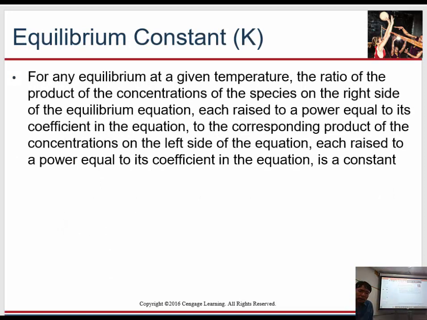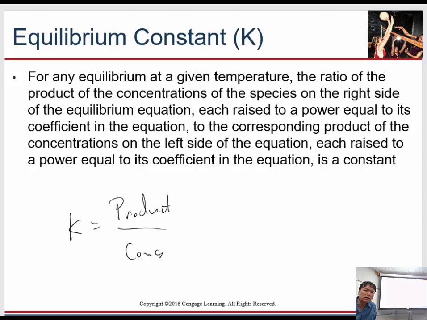Now, the ratio of product to reactant is actually a constant. It's a little bit more complicated than that, but it's the product concentration. And so this is kind of roughly products over reactants.